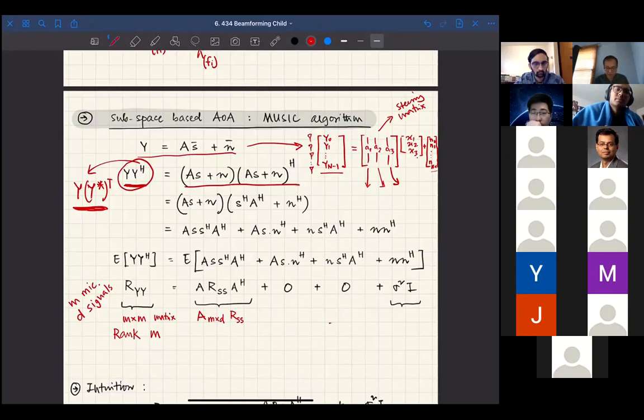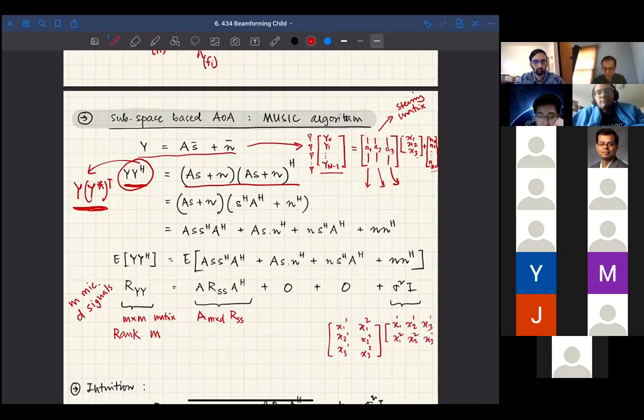X, this is X1, X2, X3 at time 1. Then there is X1, X2, X3 at time 2. Is it D by D? It's D by D. Okay. So let's say there are only 2 timestamps that we are taking. Then this S Hermitian would be X1, X2, X3 at time 1, X1, X2, X3 at time 2. I hope you see this.